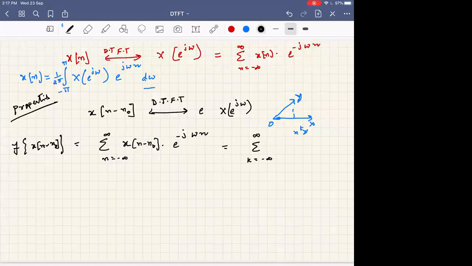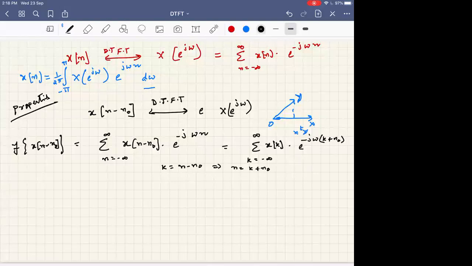Then x of k into e power minus j omega, k plus n naught. Here I have put k equal to n minus n naught, that implies n equal to k plus n naught. That's what I have substituted here.